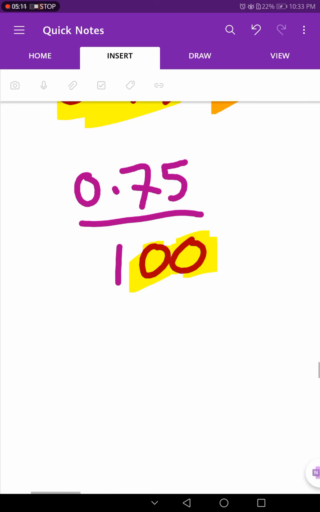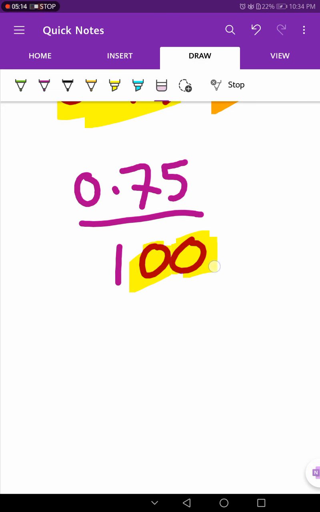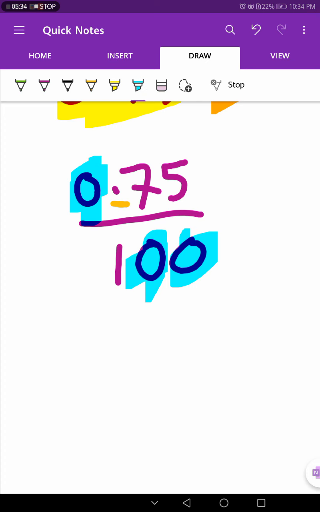Okay, again. So 1, 2. I have 2 zeros, so move the decimal point here 2 steps to the left. So this is the first step after the 0. Then I create this empty place and put the decimal point after it.